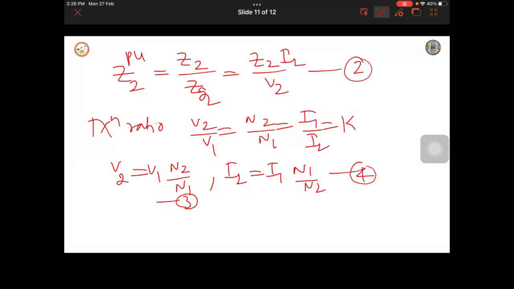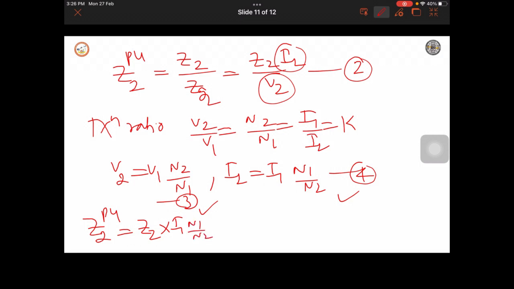What we have to do here is substitute equation 3 and equation 4 for V2 and I2 in equation 2. So, we will get Z2 per unit is equal to Z2 into I2, that is I1 N1 by N2, divided by V2, and V2 is V1 N2 by N1.